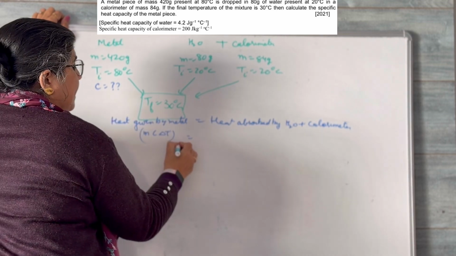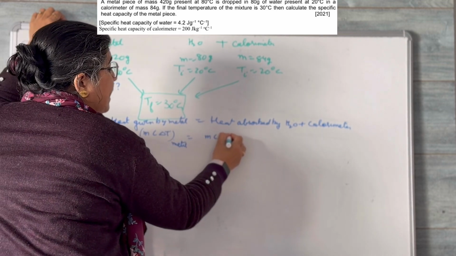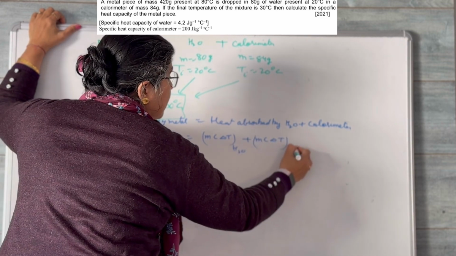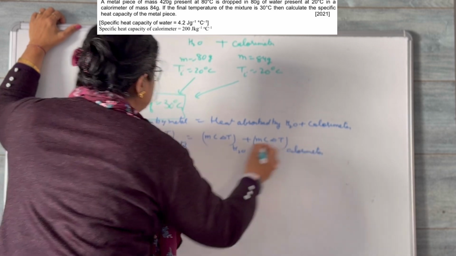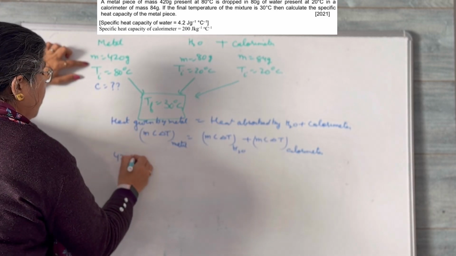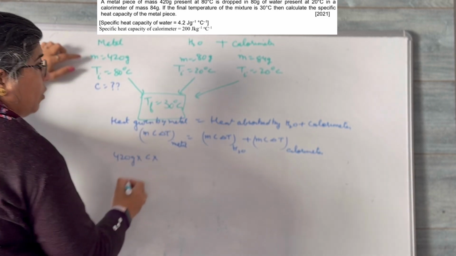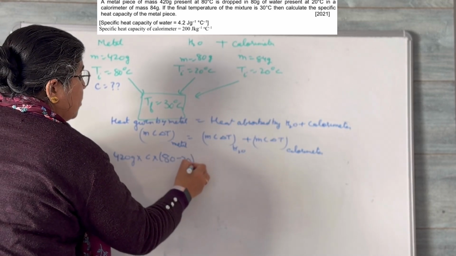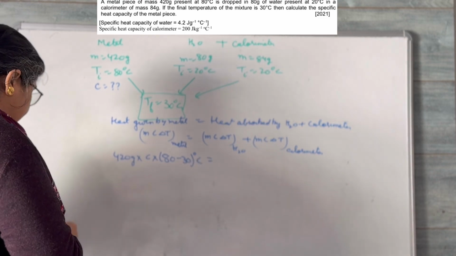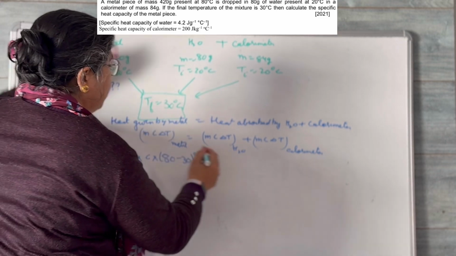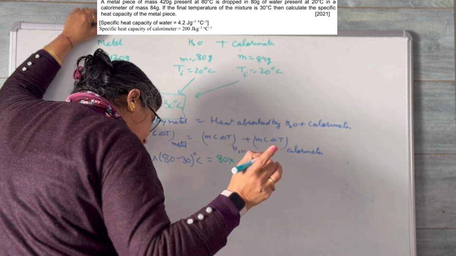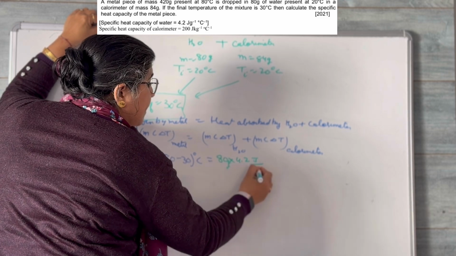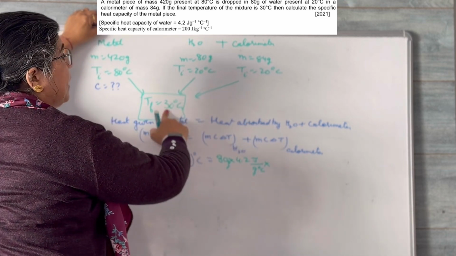So MC delta T of metal is MC delta T of water plus MC delta T of calorimeter. What is mass of metal? 420 grams. Into C you don't know. Change in temperature is again higher minus lower degree centigrade. Right? What about water? Mass of water 80. C is given to you as 4.2 joule per gram. This is 80 gram. And change in temperature 30 minus 20.